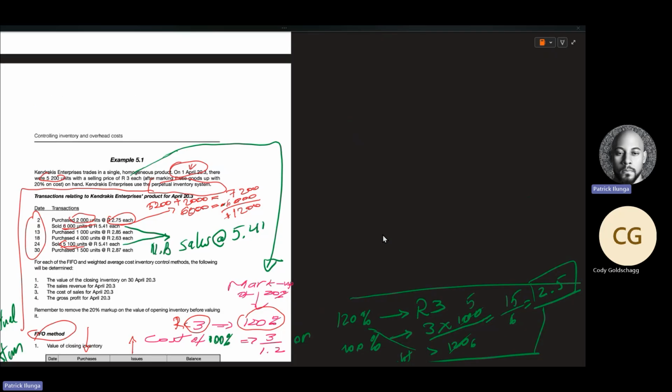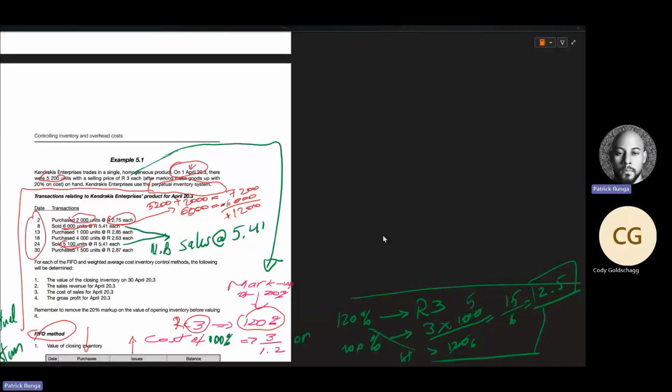Obviously, you will have some chance to go yourself through example 5.1, but just for the purpose of the class tonight, we are going to touch on this example, right? So it's Kendrakis Enterprises. Like I said, we don't worry too much about the name of the company, right?